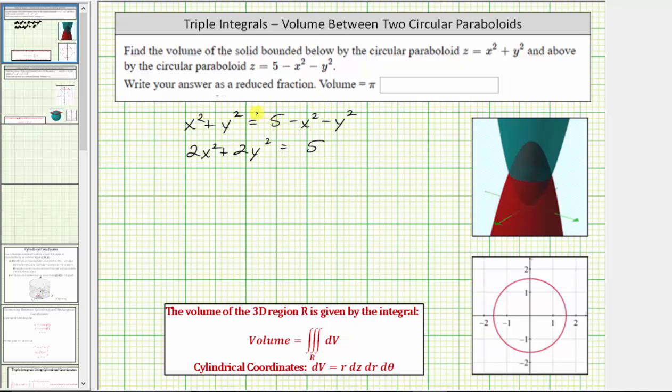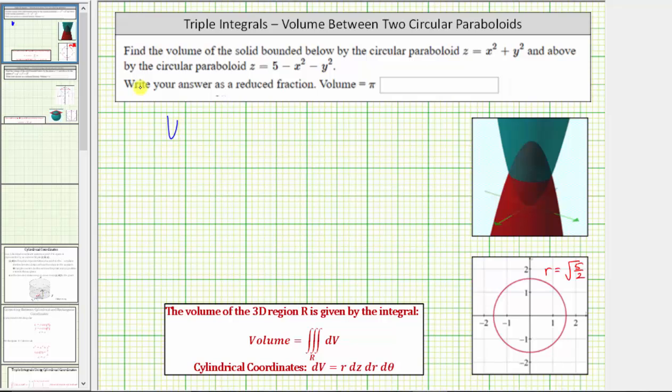Divide both sides by 2, gives us x squared plus y squared equals 5 halves. We should recognize this is a circle centered at the origin where r squared is equal to 5 halves. So if r squared is equal to 5 halves, the circle has a radius of square root 5 halves, which I've already graphed here, but let's label this r equals the square root of 5 halves.